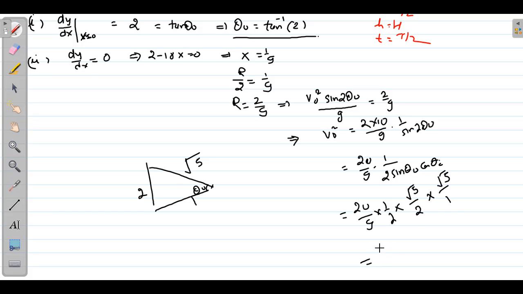That means we get 20 into 5 by 9 into 4. Cancel out 5, 4 will cancel out, that is 25 by 9. It means it is the value of v naught square, and v naught will be equal to 5 by 3 meter per second. This is the answer.